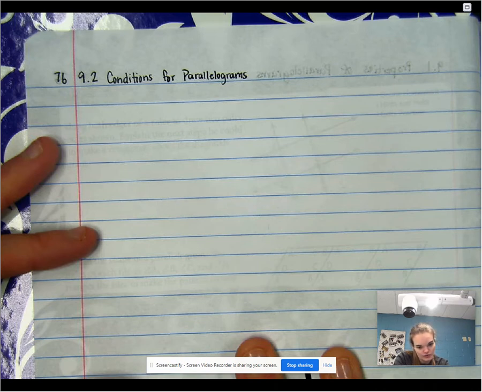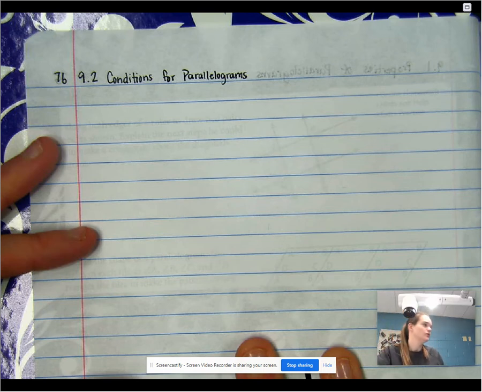So we're going to go in the opposite direction. We're not going to be given it's a parallelogram. We're going to be given conditions to determine if it is a parallelogram. However, the three things still remain the same. I still color coordinate them like I did yesterday or 2 days ago.